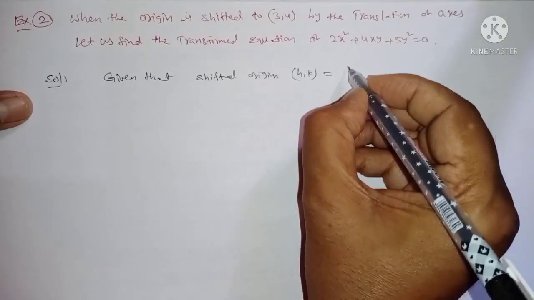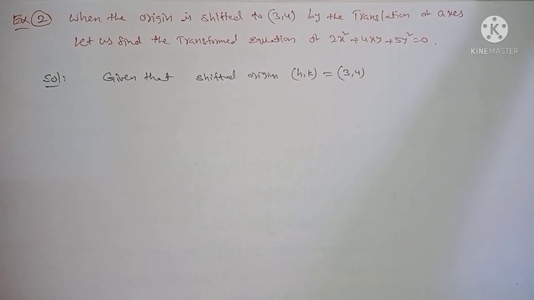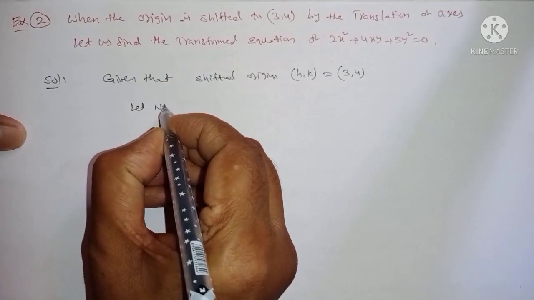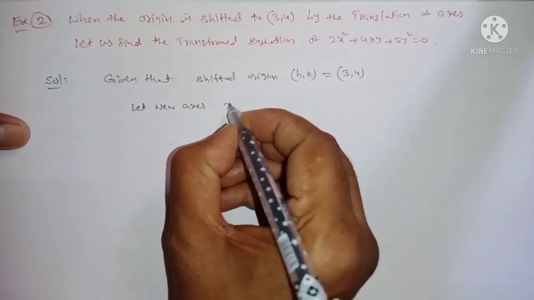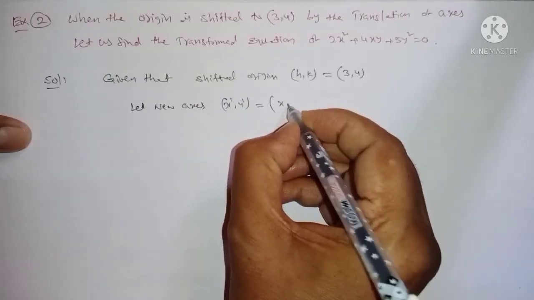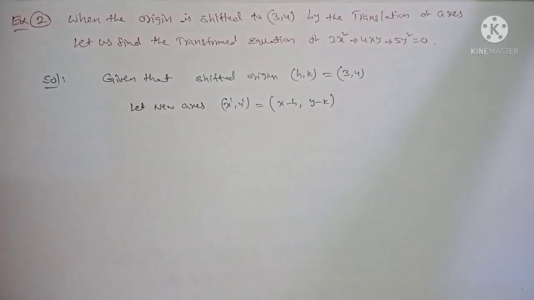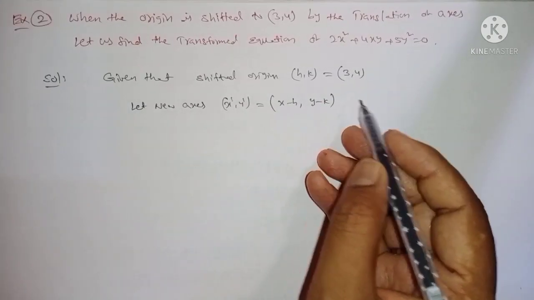What is given here? (3, 4). Let the new axis be (x', y'). What is the formula here? (x', y') = (x - h, y - k). You know the formula is this one only: (x', y') = (x - h, y - k).